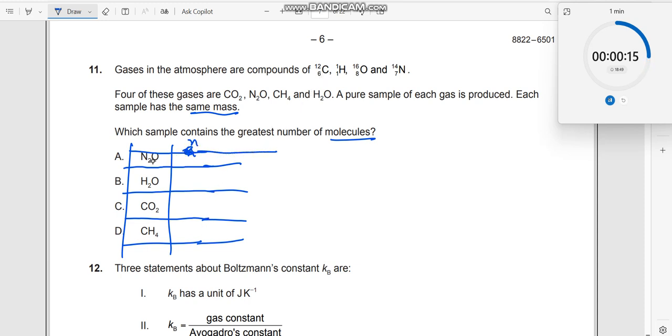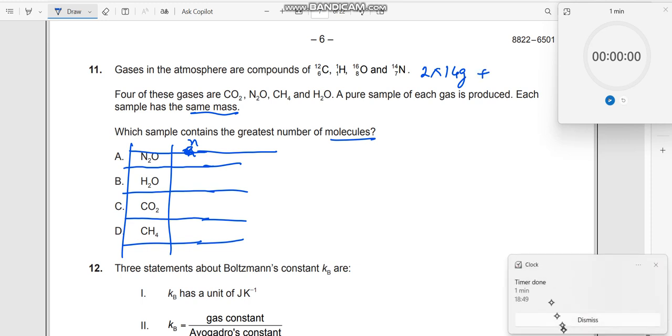When I say N2O, how many grams of N2 are combined with oxygen? 14 multiplied by 2, because there are two N, plus one part of oxygen, which is 16.